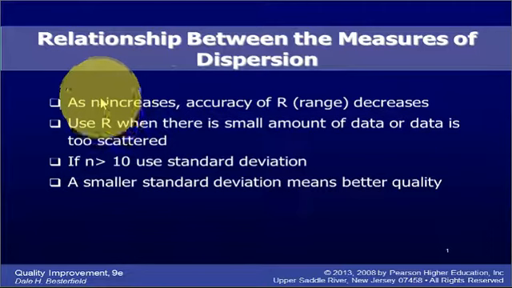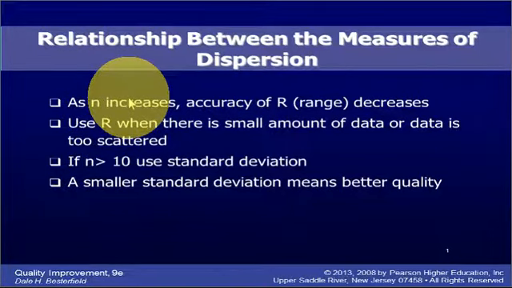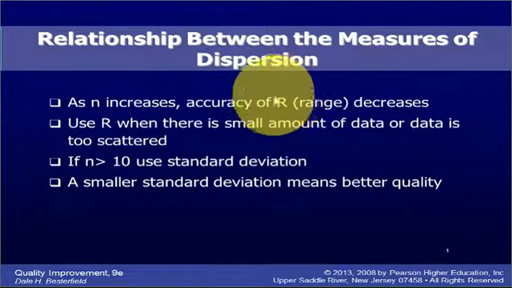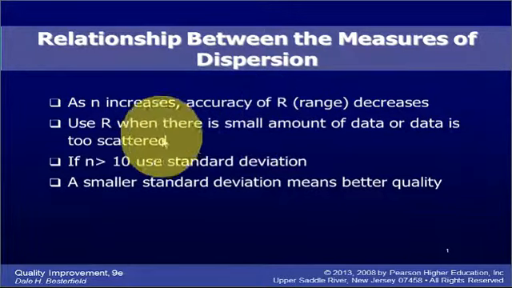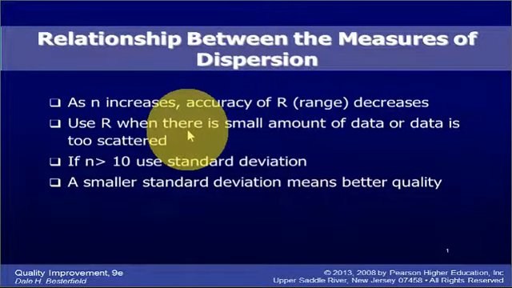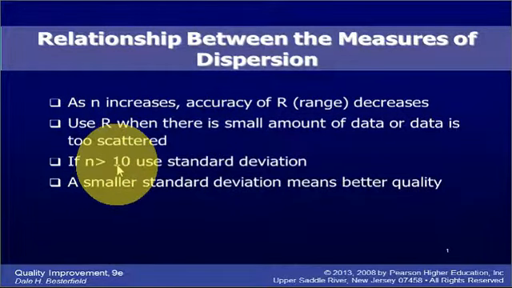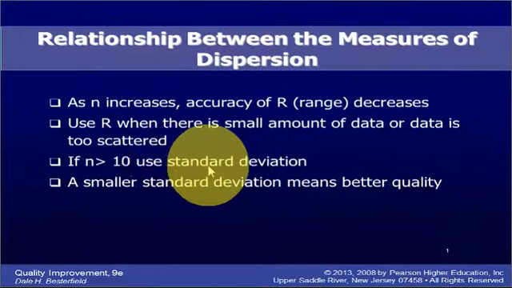When you have more and more data points, it becomes easier for extremely high or low readings to occur, and that will result in an enlarged range to incorporate those outliers. Therefore, we only use the range when there is a small amount of data or the data is too scattered. If n is greater than 10, then we do not want to use the range. Instead, we use standard deviation.